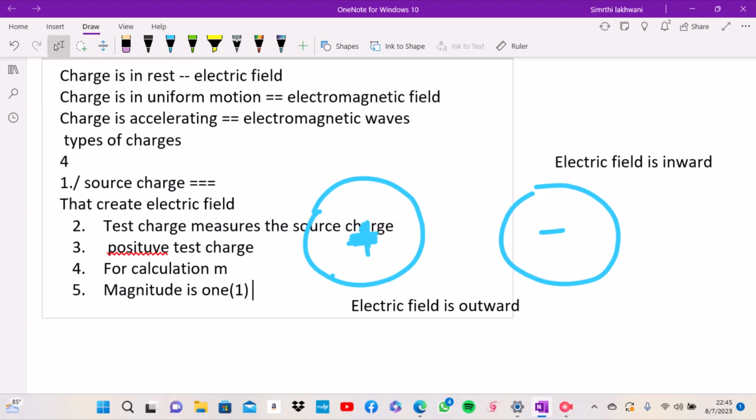But we can change its magnitude for our own use.